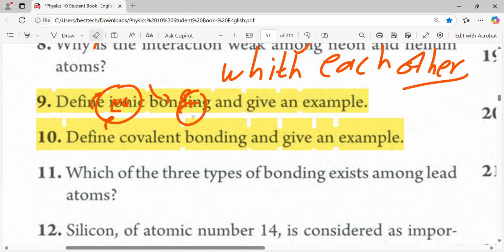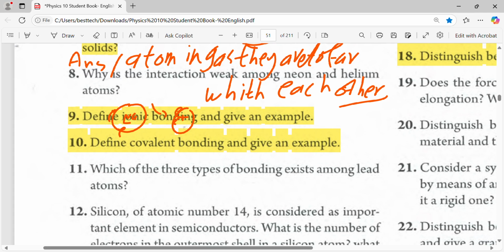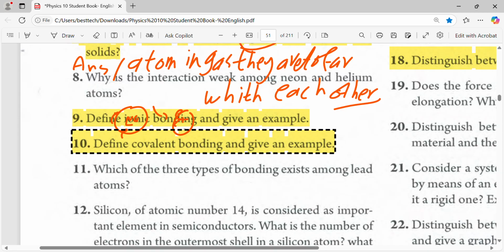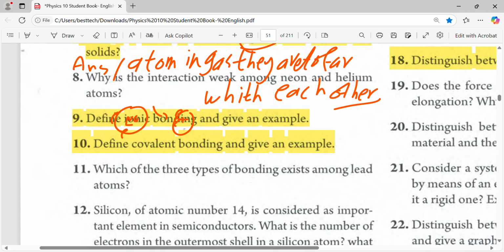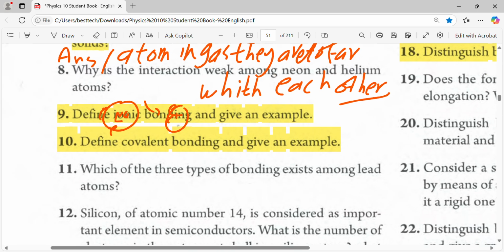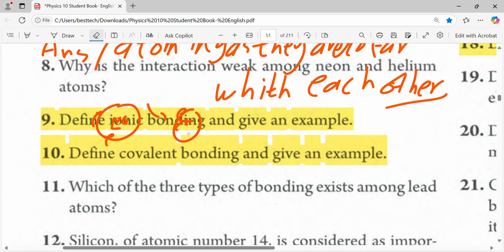So in general, an ionic bond is a chemical bond formed between two ions with opposite charge, of course between a negative and a positive charge. It is by giving up one or more electrons to another atom. So we can write the answer to this question.